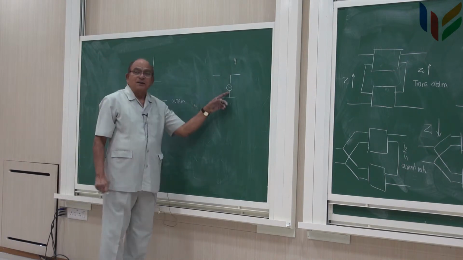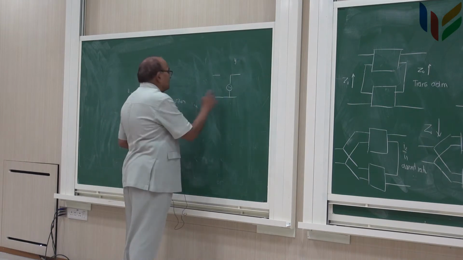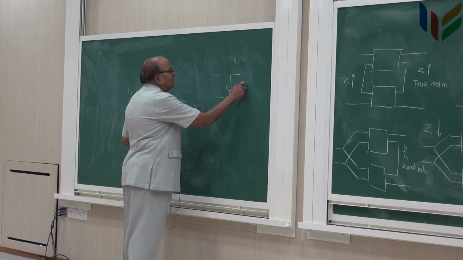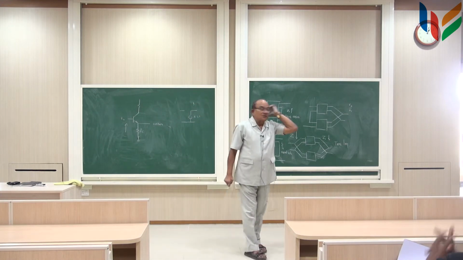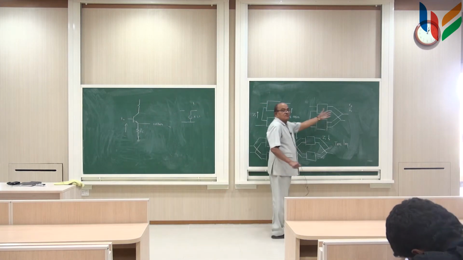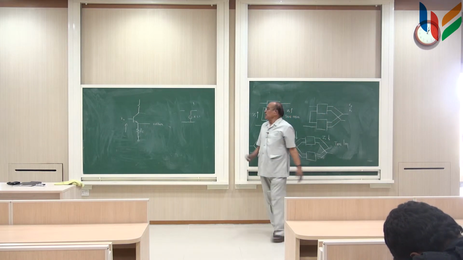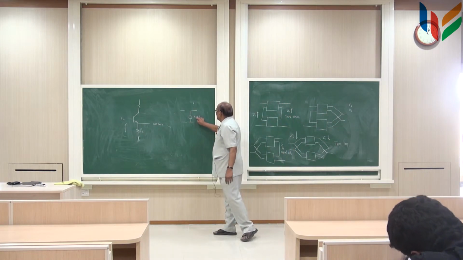And what is the gain here? It turns out that A is almost equal to 1, voltage gain. That is the natural parameter here. So the voltage gain comes out to be approximately 1.